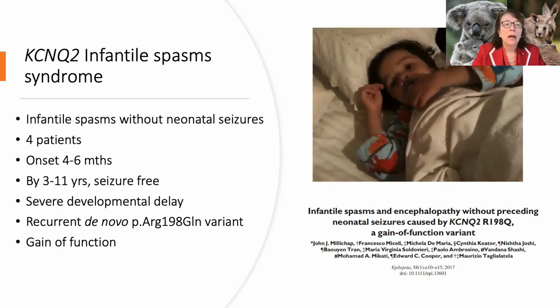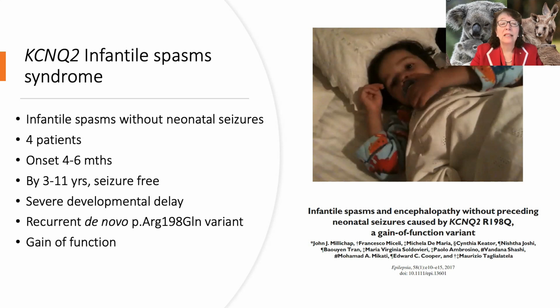Now, that was originally found in 4 patients with onset at the typical age of infantile spasms of 4 to 6 months. And importantly, these children did not have preceding neonatal seizures. And these children were studied at the ages of 3 to 11 years, and they were seizure-free. So the seizures were not their big problem, but the severe impairment was.